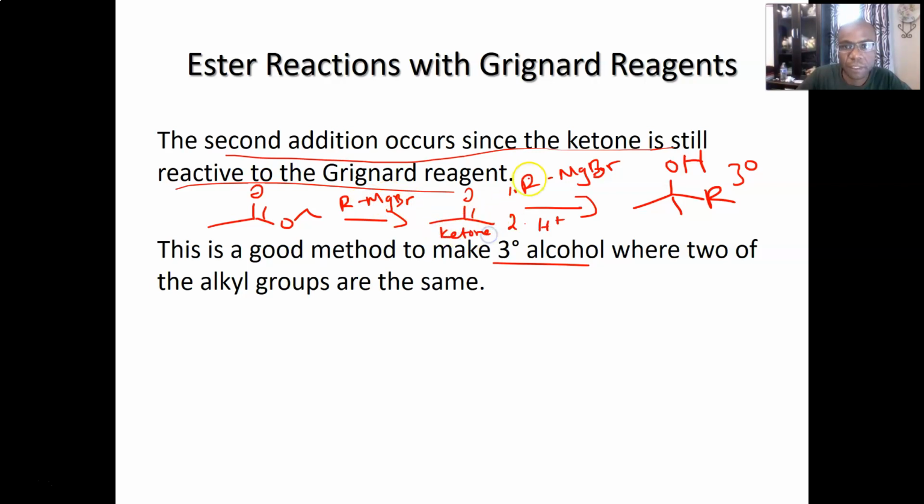The ketone is still reactive to Grignard. It gives us the tertiary alcohol after the second addition. So that's why we needed two equivalents. Okay, 2 mole equivalents of Grignard. So you add twice to make the alcohol.